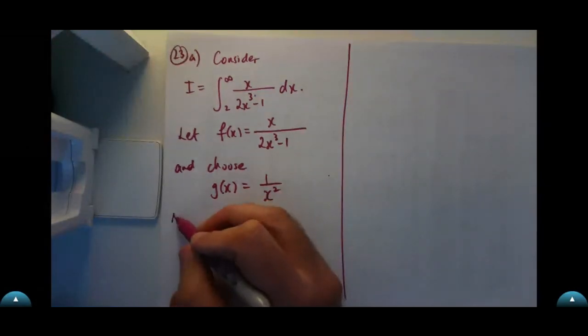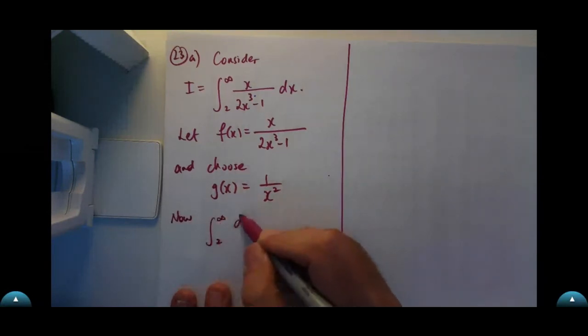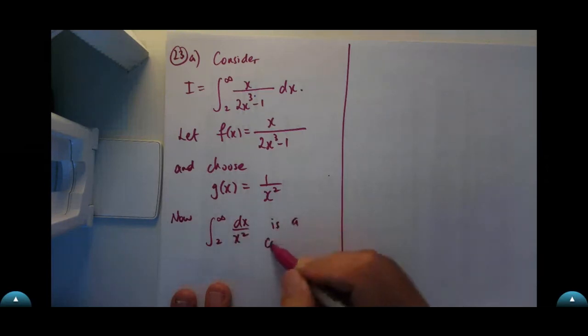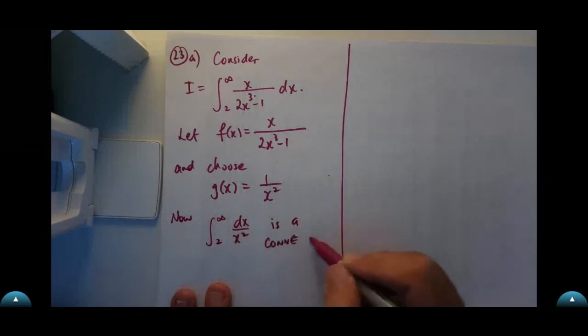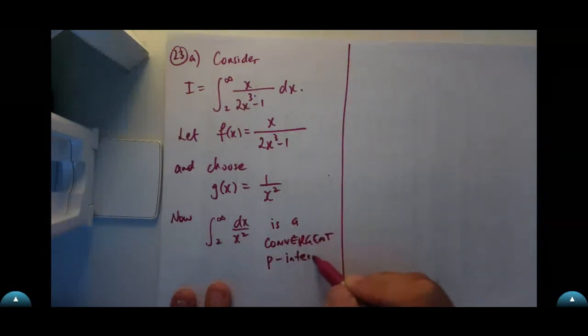Now, we know that this is a convergent p integral with p equals 2. Okay.